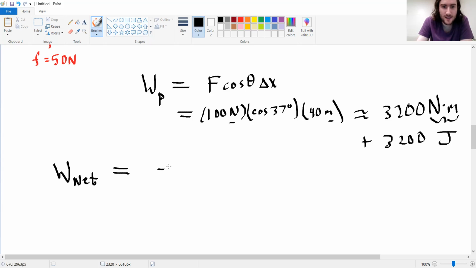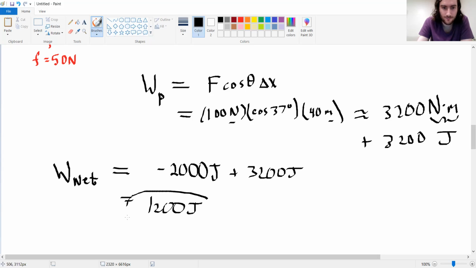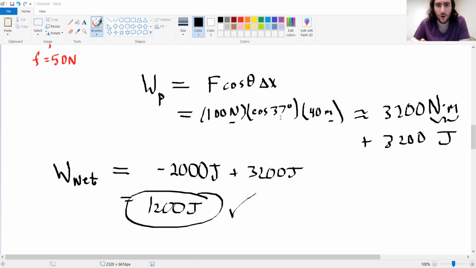So it's minus 1,200, minus 2,000 for friction, and it was a positive 3,200 for the work done by the pulling force. And so our net is 1,200 joules here. Okay, so good job. All the perpendicular forces do 0 work.